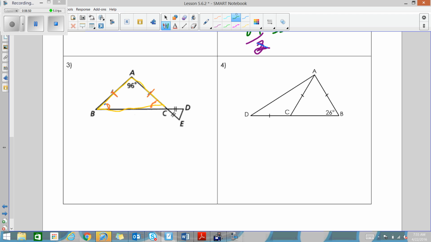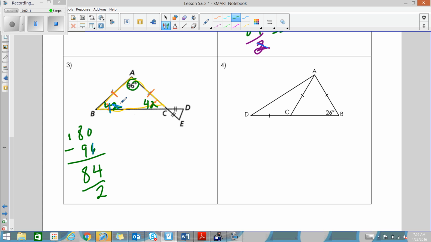So we do what we did in the last problem. We go 180 minus 96, and you're going to get 84 degrees. That's split equally between these two angles, so it's 42 and 42.